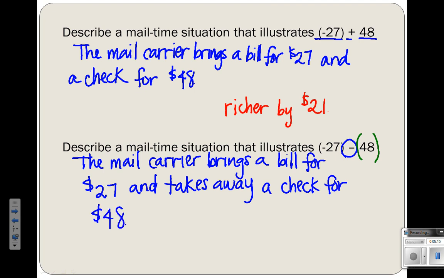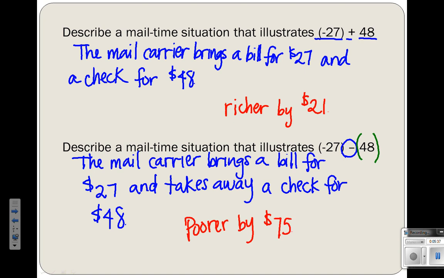Okay, now think about that for just a minute. If he brings you a bill, you're going to be poorer for $27, and he takes away a check, you're going to be even poorer than that. So if it asks you if you're richer or poorer, in this case, we're poorer by $75.